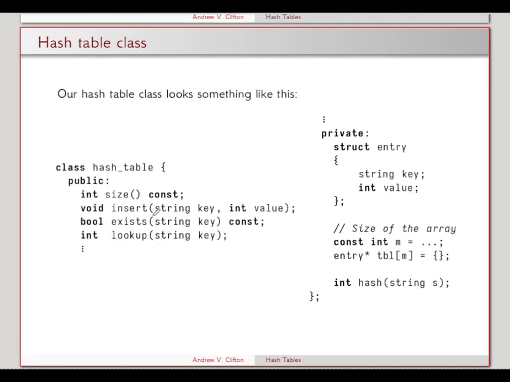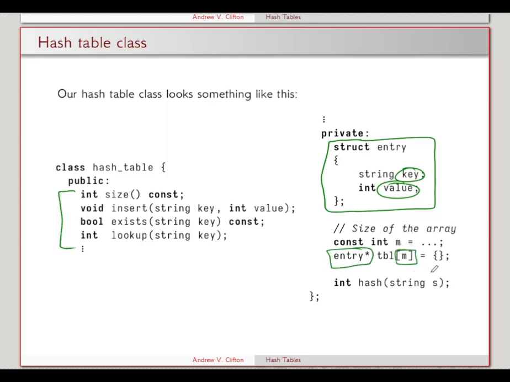So our class is going to look something like this. We've got, of course, our public functions over there, the ones we just talked about. Under the hood, we have this structure for a table entry, and all that is just the key and the value paired up with each other. And then here's how we're actually storing this in the background. We have an array of pointers to these entries.